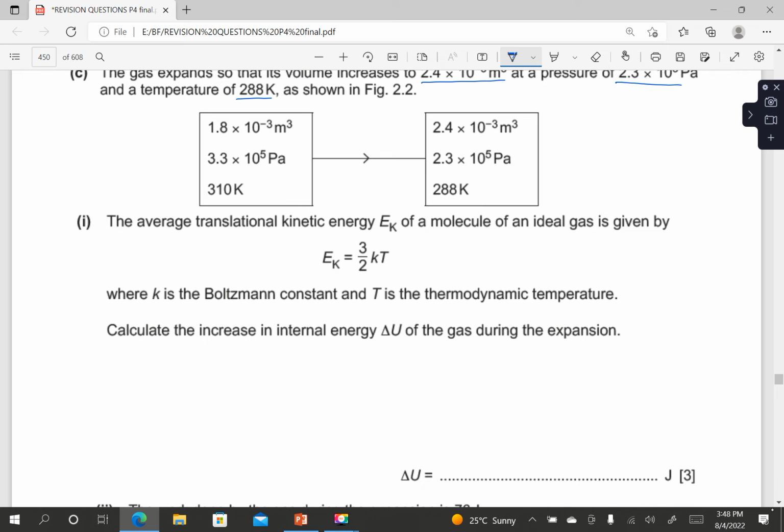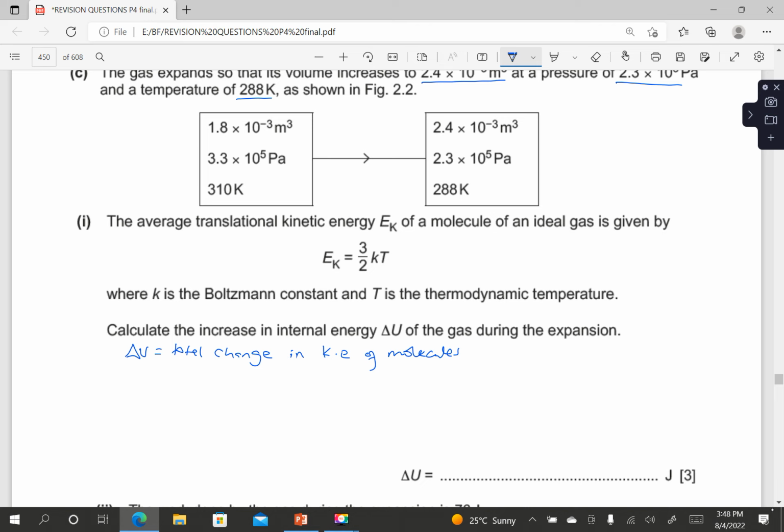So we are saying the change in internal energy is equal to the total change in kinetic energy of molecules.